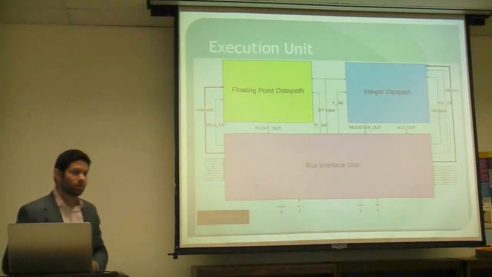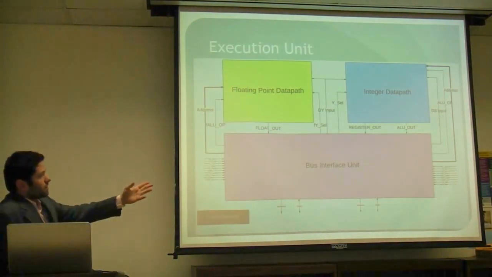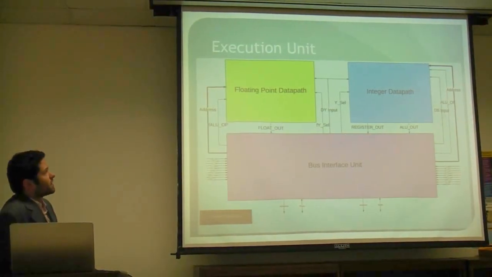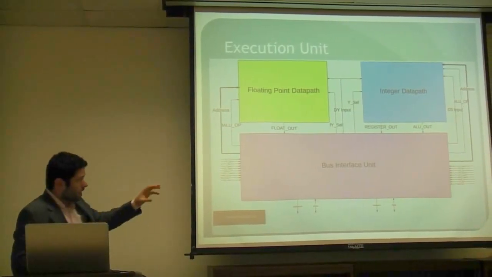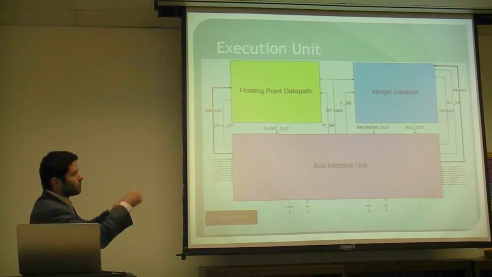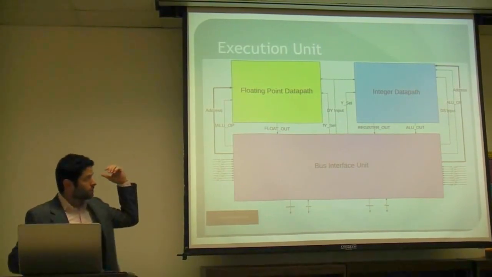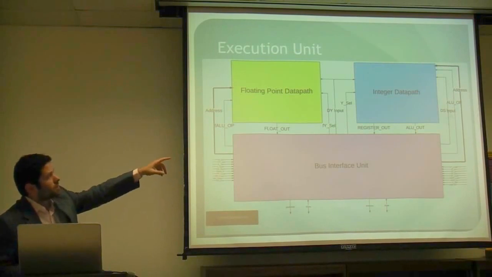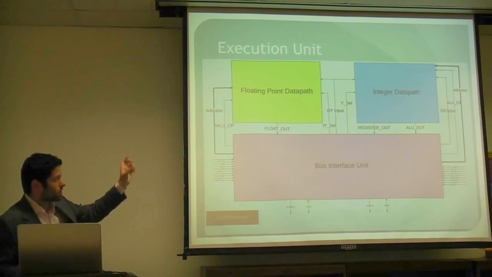I apologize for the colors, I'm not very good with color matching, but we have our bus interface unit, the integer data path, and the floating point data path. Everything basically goes into the bus interface unit and then into the data paths above. Like we said before, we have 32 integer data path registers and 32 floating point data path registers, all of them 64-bit wide.